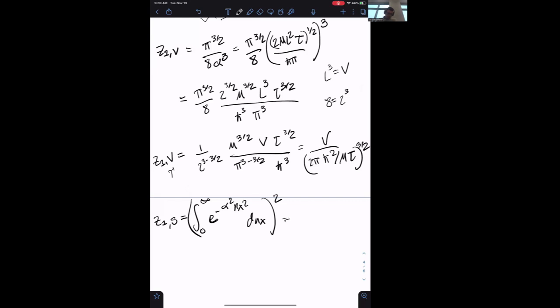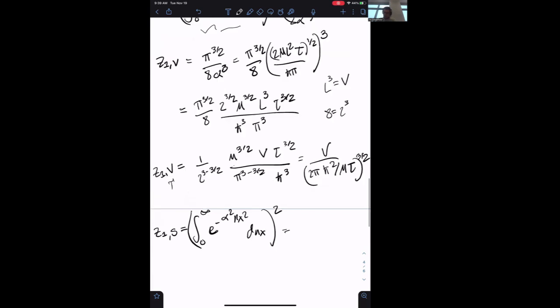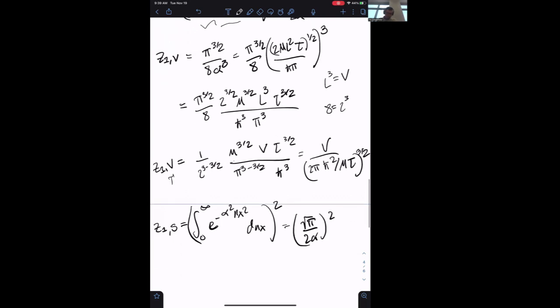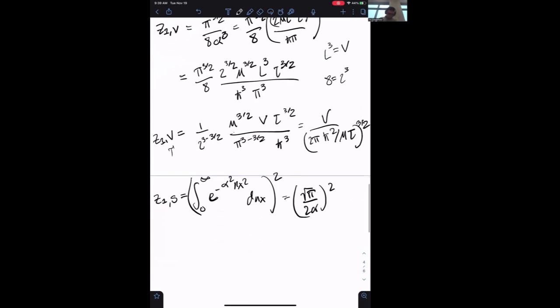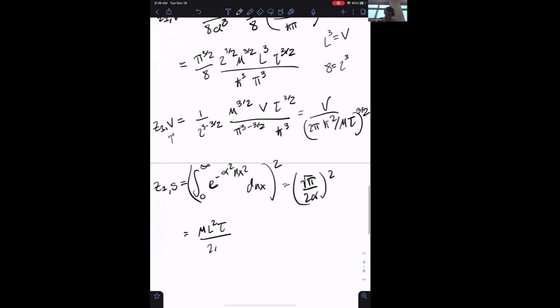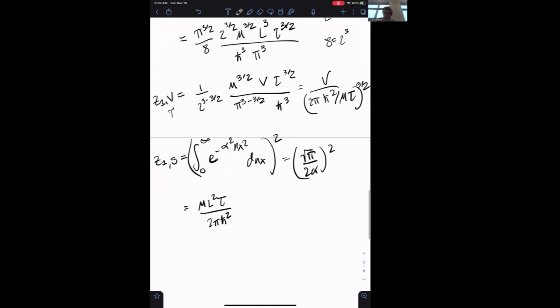Okay, so this was gonna give you the same answer here, pi alpha squared this time, and that's gonna give something like this. And now one small important detail. So this L squared is equal to the area.